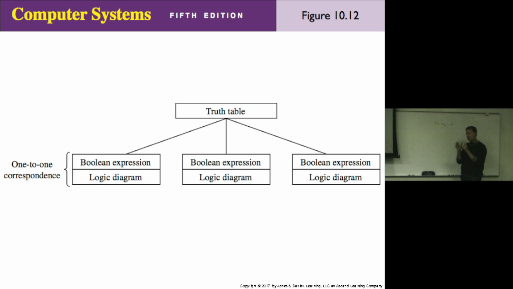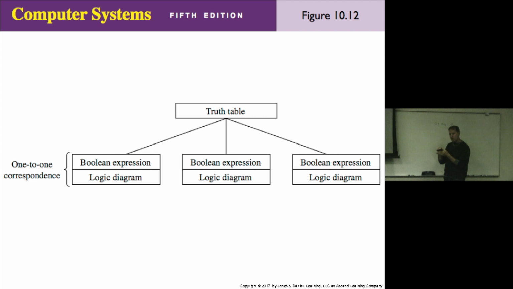They do not have the same property. And this figure is really an important one to understand. What this figure says is that there is a one-to-one correspondence between a Boolean expression and a logic diagram.